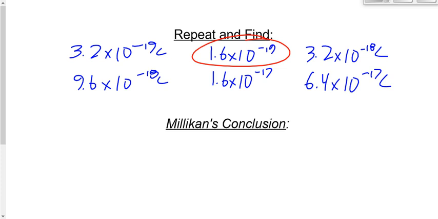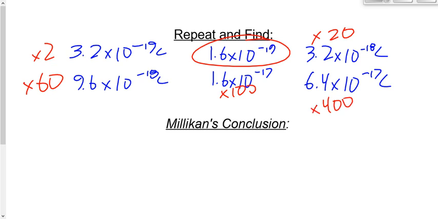This one is twice that charge. This one is 60 times that charge. This one is 100 times that charge. This one is 20 times that charge. And this one is 400 times that charge. They're all multiples of 1.6 times 10 to the minus 19.